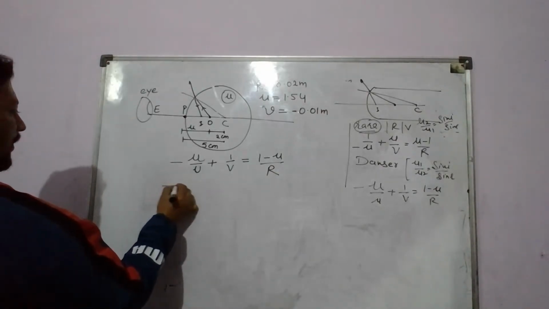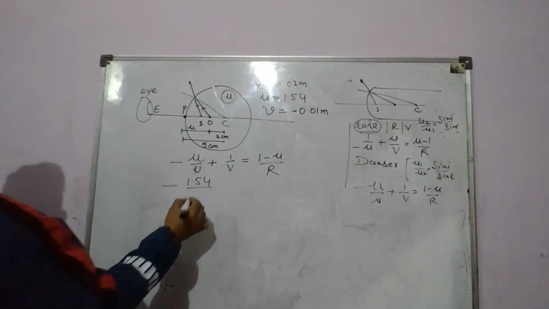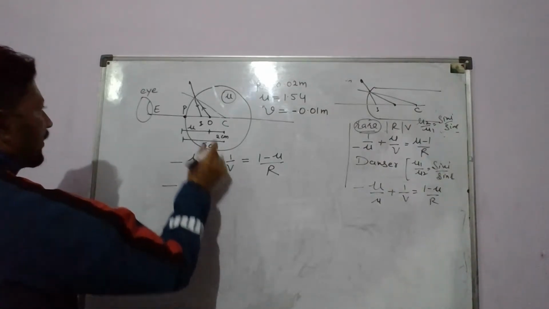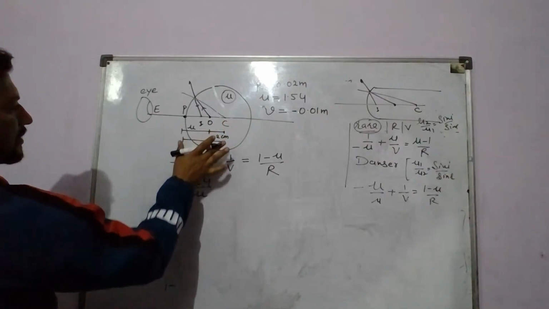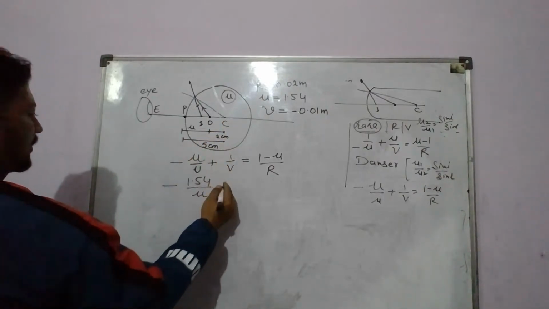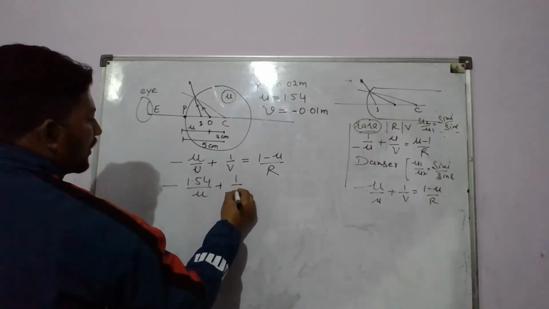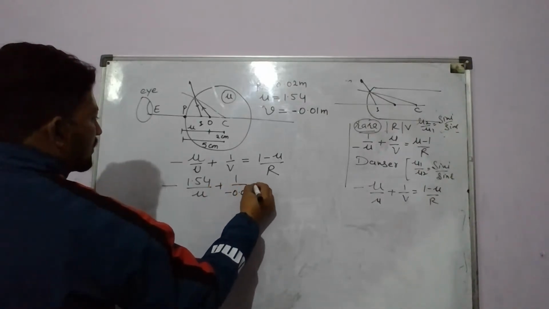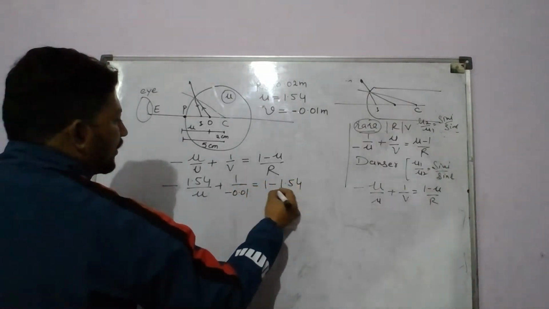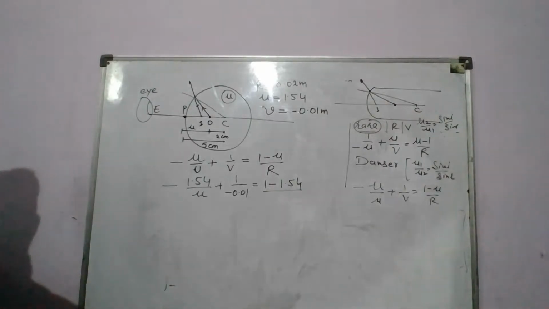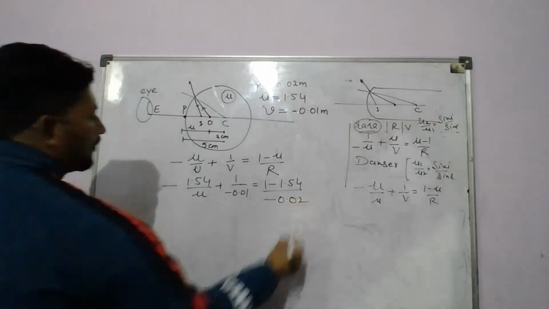So here, minus 1.54 divided by u, you will find out, because the distance is not given, but the radius of curvature is given, and the image is 1 upon minus 0.01 is equal to 1 minus 1.54 divided by the radius of curvature, minus 0.02.